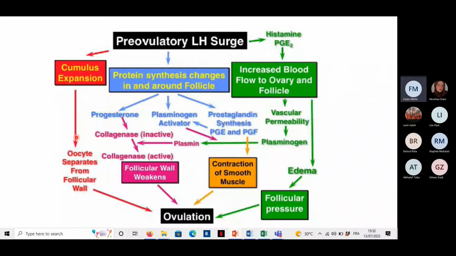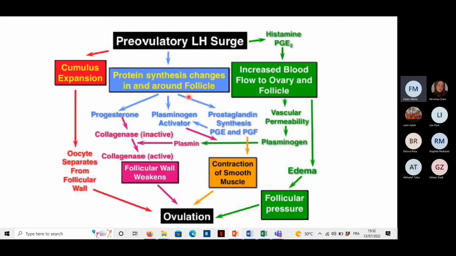Okay, and in this way the oocyte will have a big antral cavity, and the oocyte will be separated from the follicular wall. As a consequence of this LH surge, we will have some protein synthesis and enzyme synthesis around the follicle and in the stigma region.